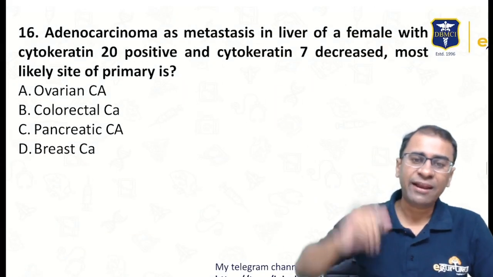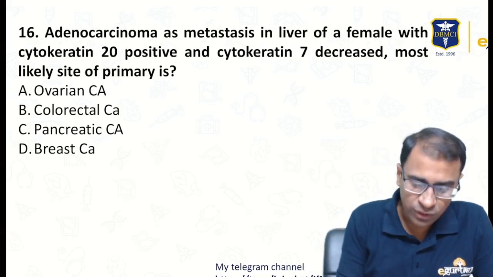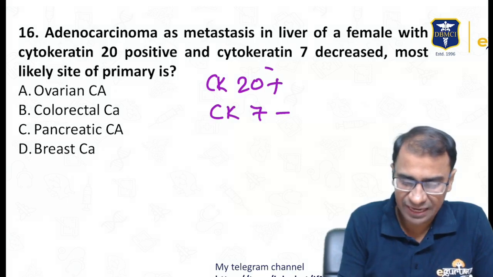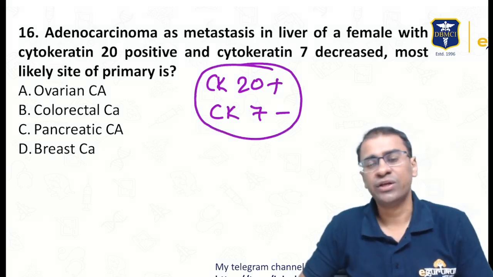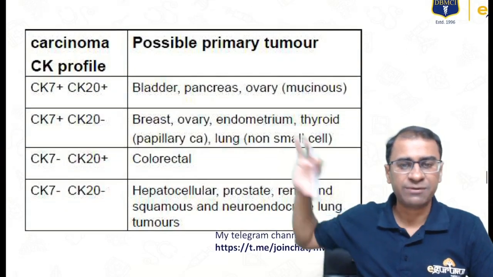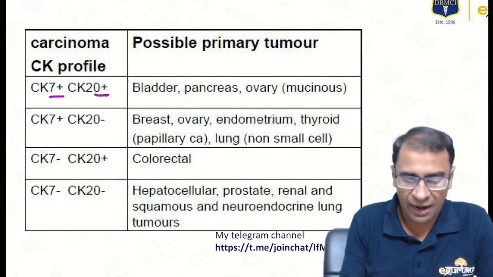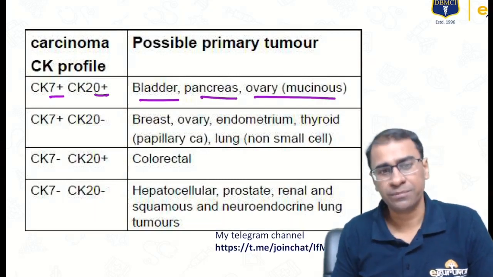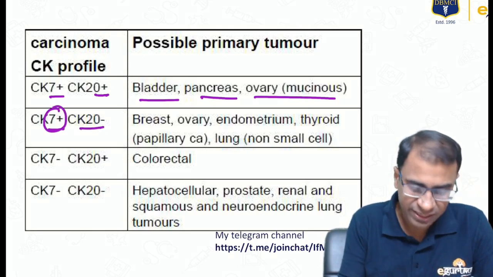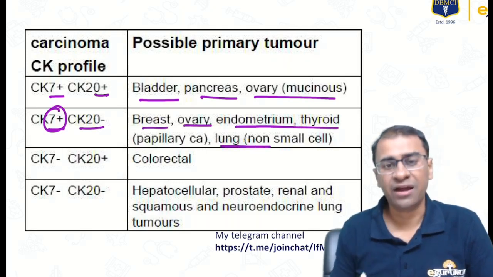Okay, adenocarcinoma mets in the liver was seen and given you CK20 is positive and CK7 is negative. So what do you think is the answer? Well, this question can be solved by a simple explanation of this table. See, if patient has 7 positive, 20 positive, it could be bladder, pancreas and ovary. 7 positive, 20 negative, that means 7 is positive, breast, ovary, endometrium, thyroid and lung.